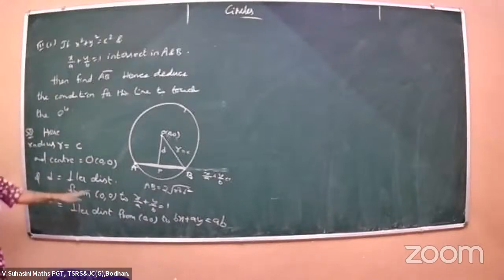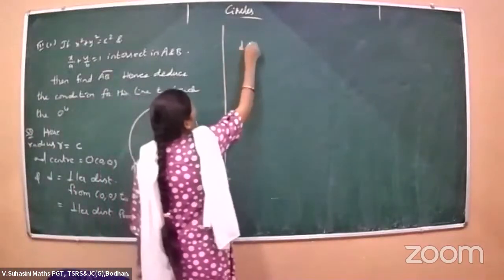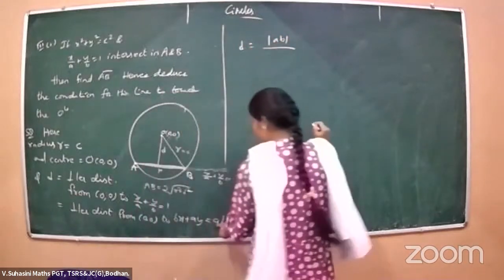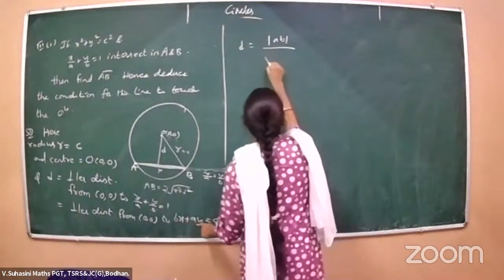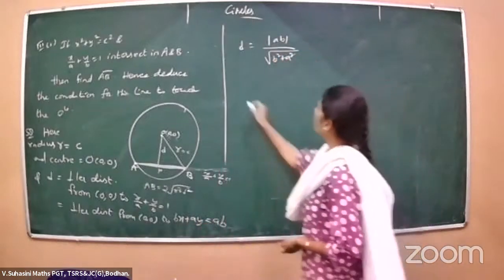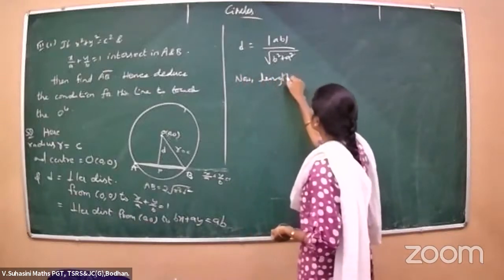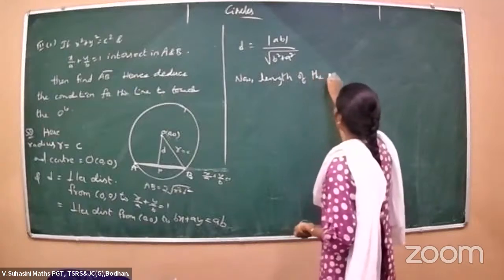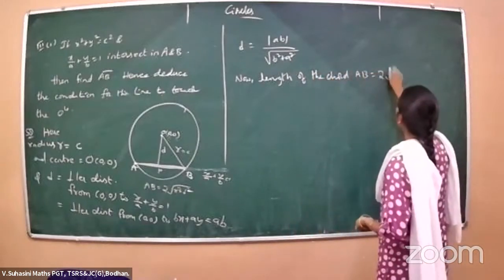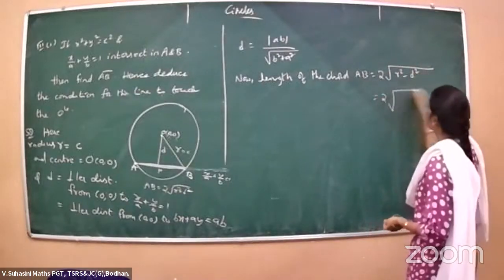What is the perpendicular distance from origin to the line? d equal to mod c by root, where mod c is the constant, by root of a square plus b square. Yes. Now the length of the chord AB is equal to 2 times root r square minus d square, which is equal to 2 times root.